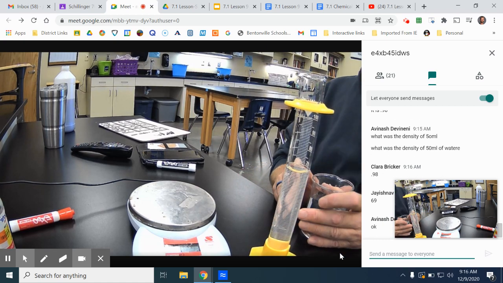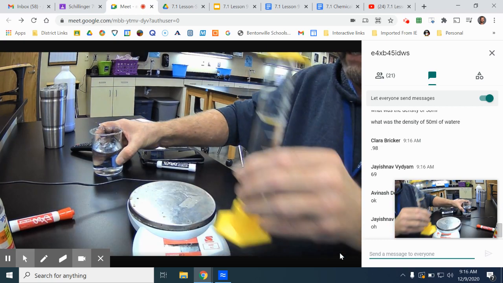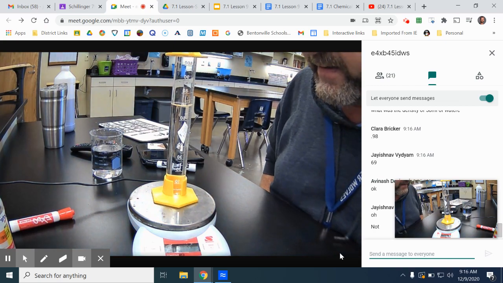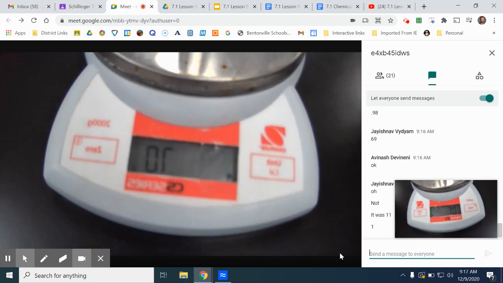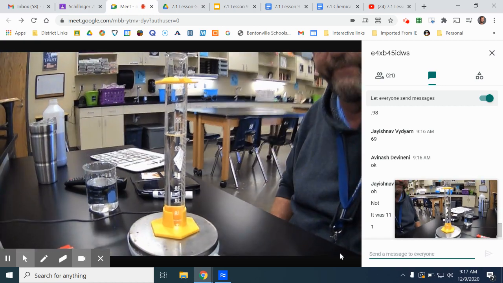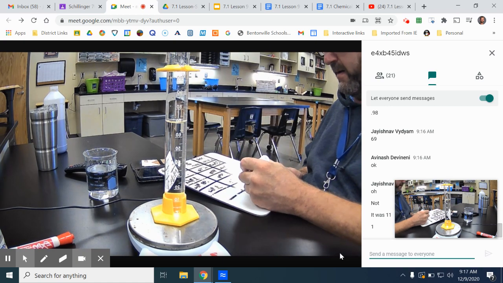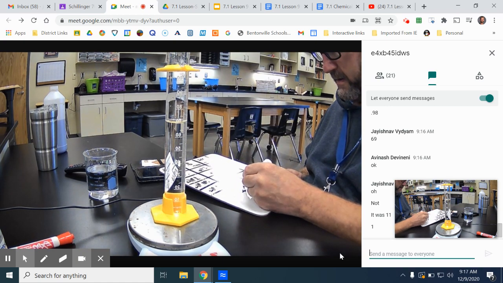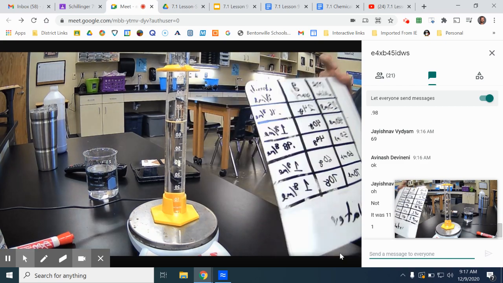Hair under. 70 milliliters. 70 grams. Once again, giving me 1 gram per milliliter.